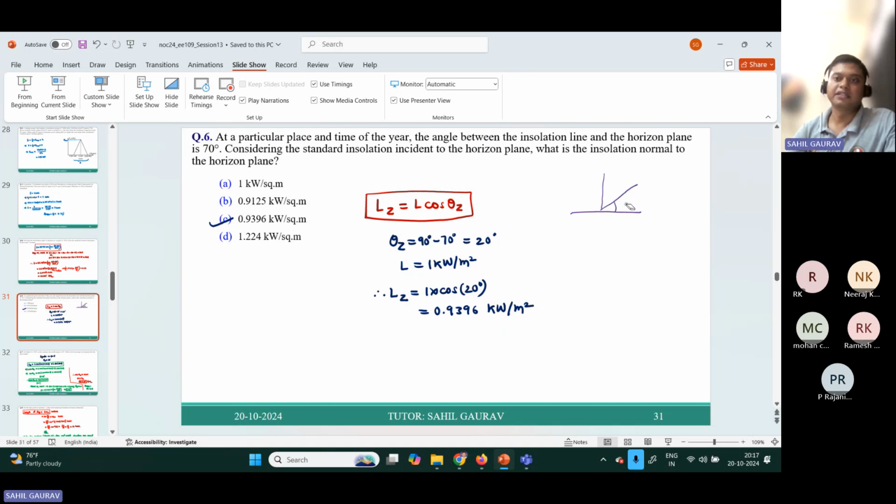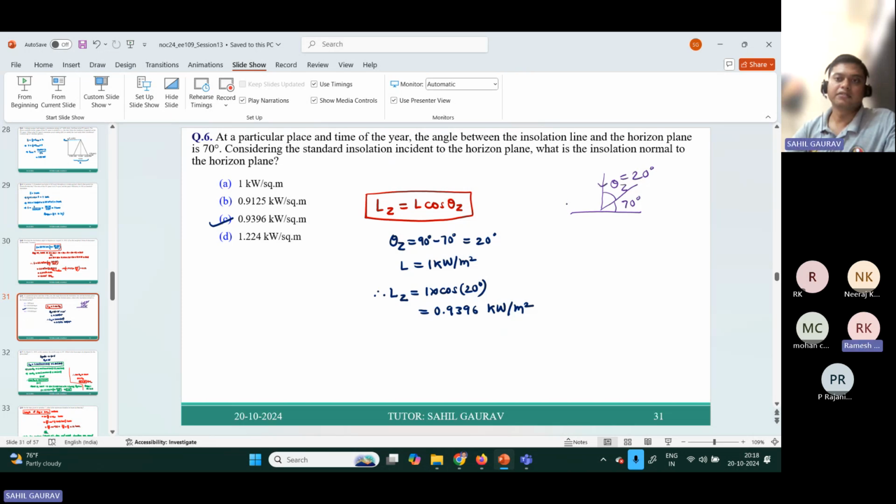They have given this angle as 70 degree. First find the zenith angle theta z. Theta z will come as 90 minus 70, 20 degree. Then you can find the standard insolation incident to horizon plane, normal to horizon plane.